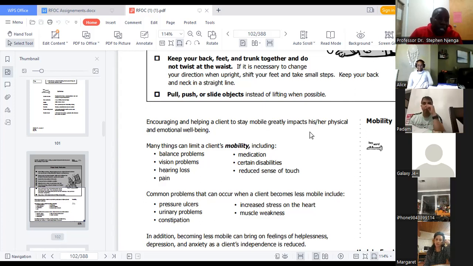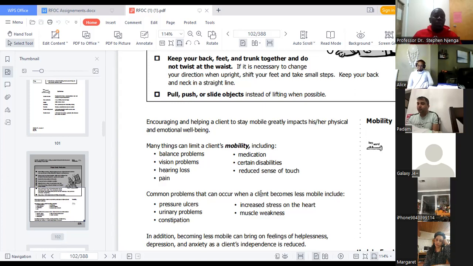Pain, if they're having pain, there is no way they are going to move properly. Also, medication can affect them. Some medications have side effects. Certain disabilities, maybe from the legs or the nervous system, and also reduced sense of touch.